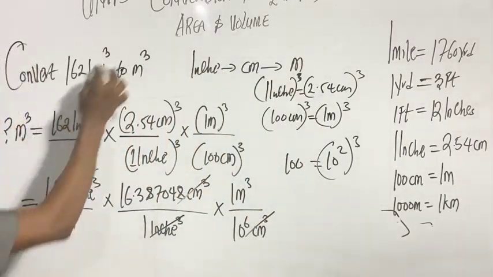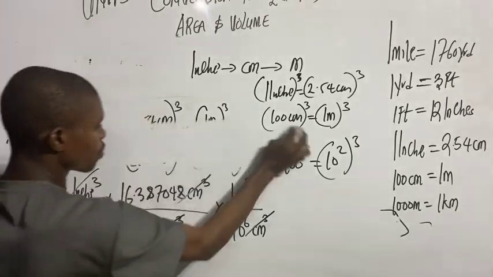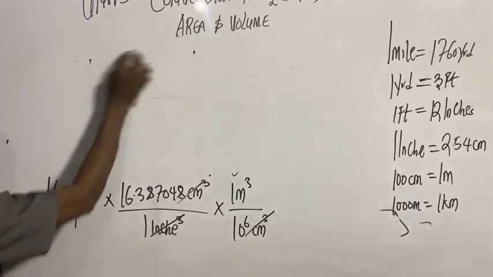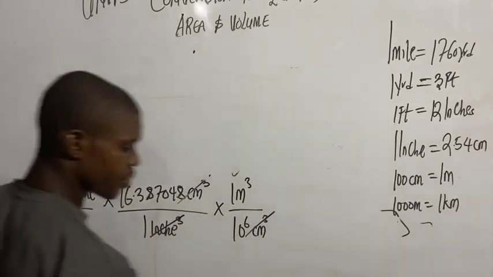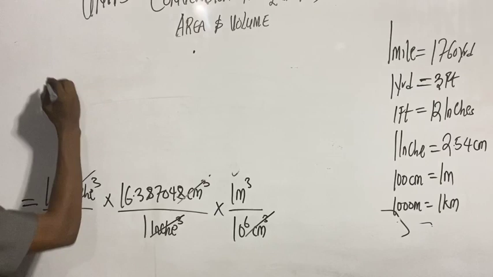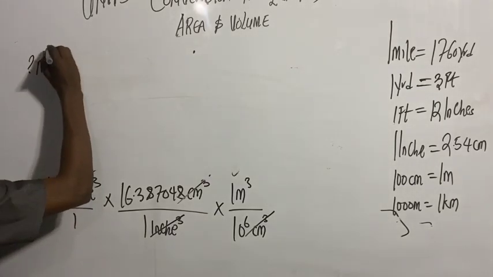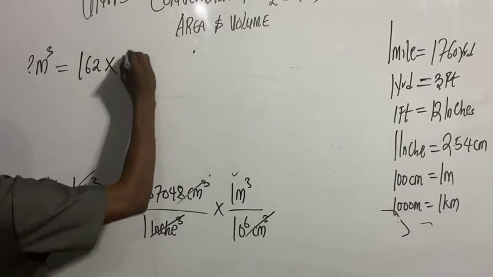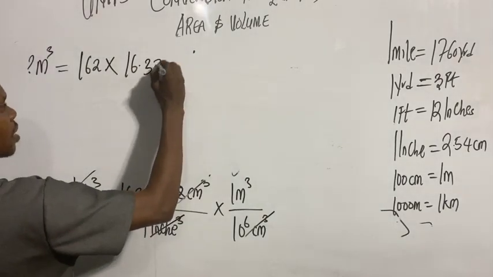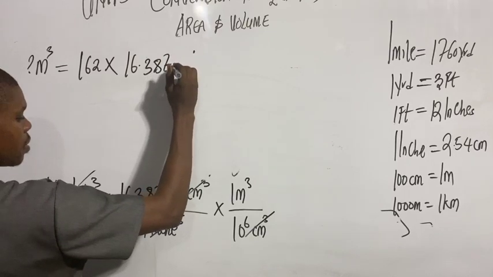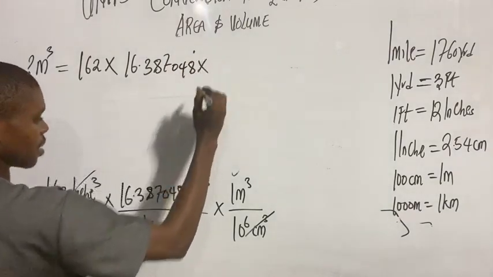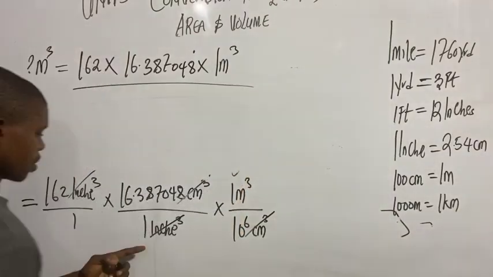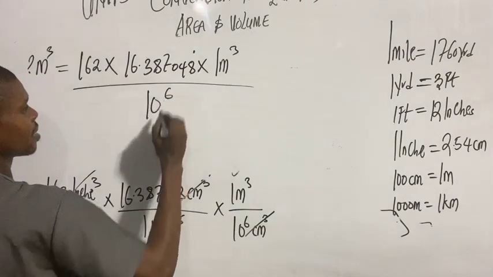I come up to wipe the board here, so I can see space to solve. So here we have meter cube equals to what? It will be 162 times 16.387048 times 1 meter cube over 10 raised to 6.